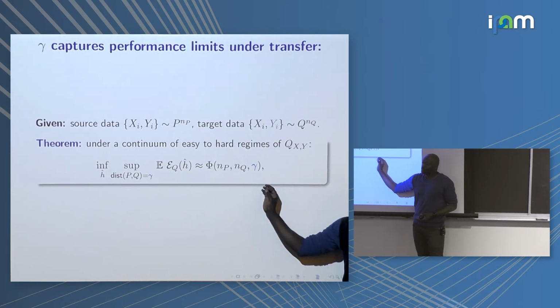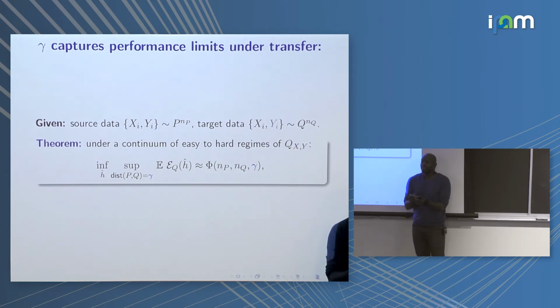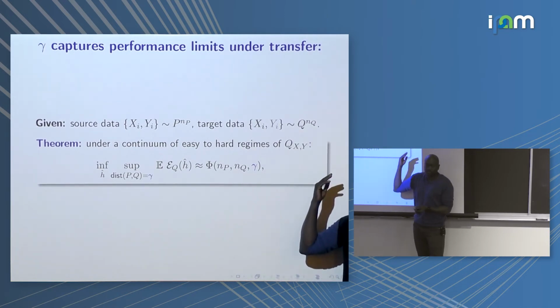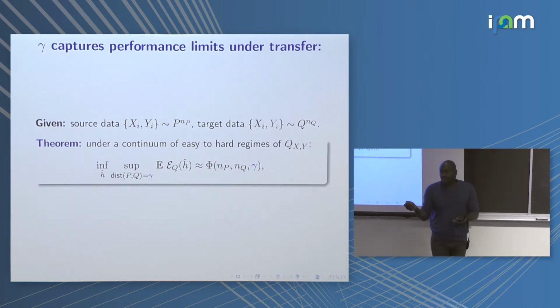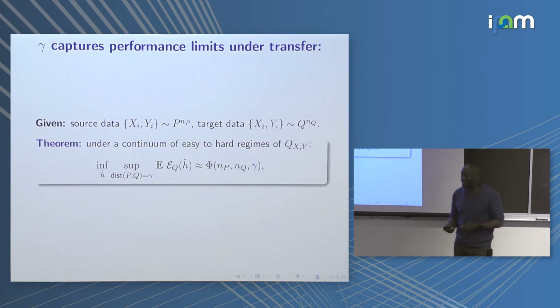So the key point here is that gamma is capturing this entire minimax rate under all these regimes of easy to hard classification.